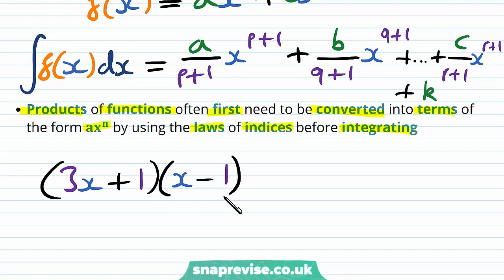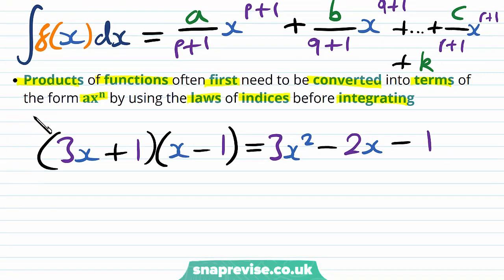Well, it's a lot harder to integrate in this form, but as soon as we expand this out and get 3x squared minus 2x minus 1, then the integration becomes a lot simpler because we have functions of the required form. These are all functions of the form a constant a multiplied by x to the power of n for different values of n. Even the minus 1 is really minus x to the power of 0.